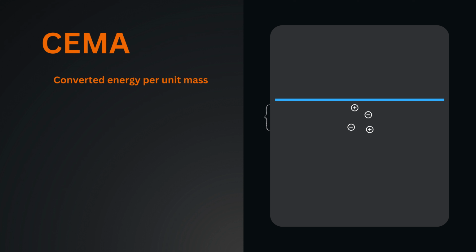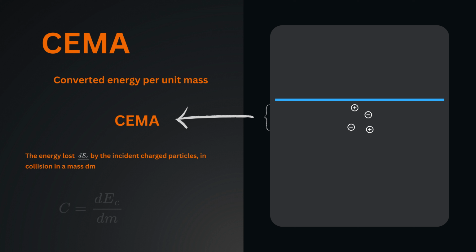This converted, or in other words, this lost energy from the directly ionizing radiation to the medium is called CEMA. So, CEMA is the energy lost by the incident charged particles, in collision in a mass dm. CEMA also is measured in gray.